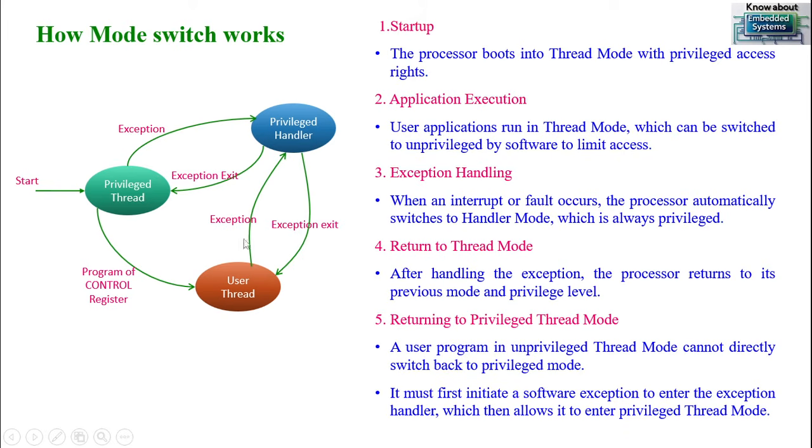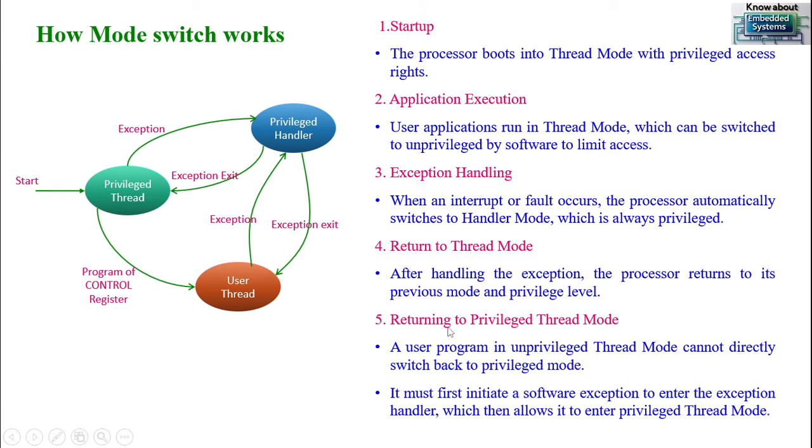It is not possible to move directly. But how can we go? We have to create an exception, that's called a software exception. We will create one software exception and move to the handler mode, and from the handler mode you go back to the thread mode. So you have to follow this path: create an exception, and from that exception you can go to the privileged mode.